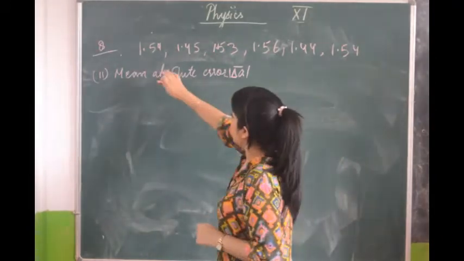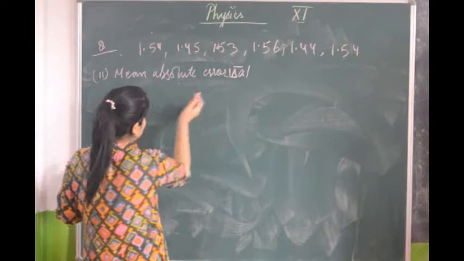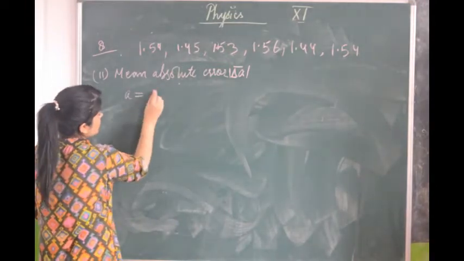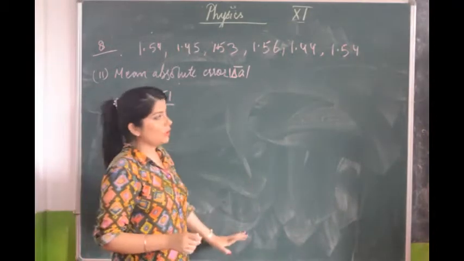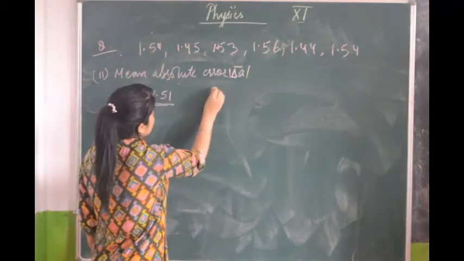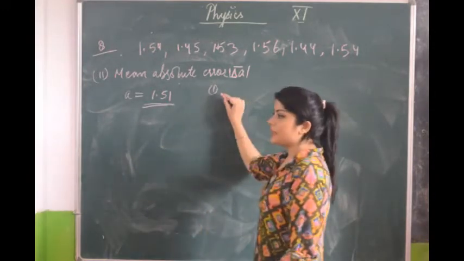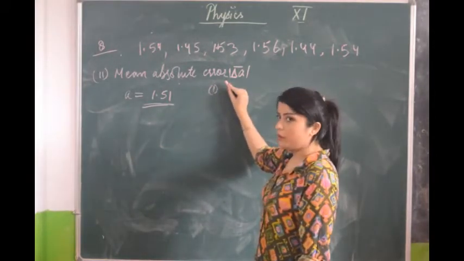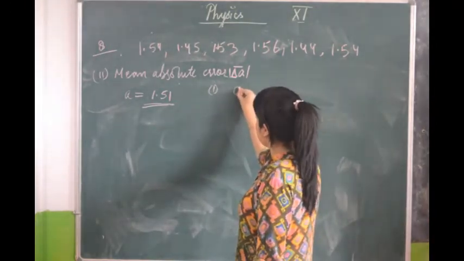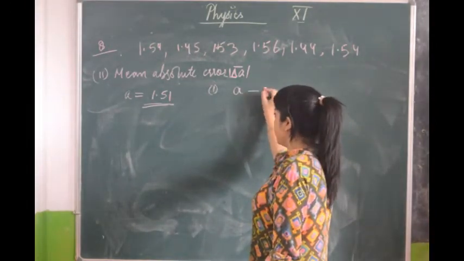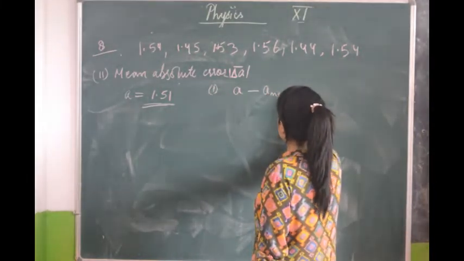So to find the absolute error, what was our true value? The true value which we have calculated on A was 1.51. Remember this, we require it over here to make the calculation. The formula for finding the absolute error is true value minus A measured.